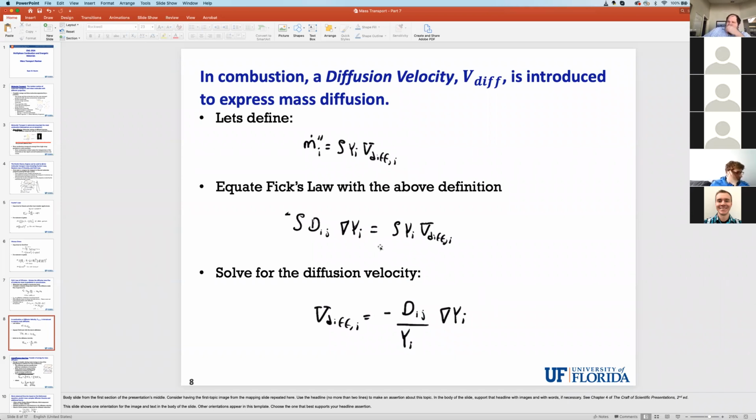So this is just a way of generalizing that you have mass transport, and then you can insert your model here. If you have Fickian diffusion, this is what the diffusion velocity is. In the following slides, I'm going to drop this underscore diff. If I have a cap V, it is referring to the diffusion velocity. Okay.